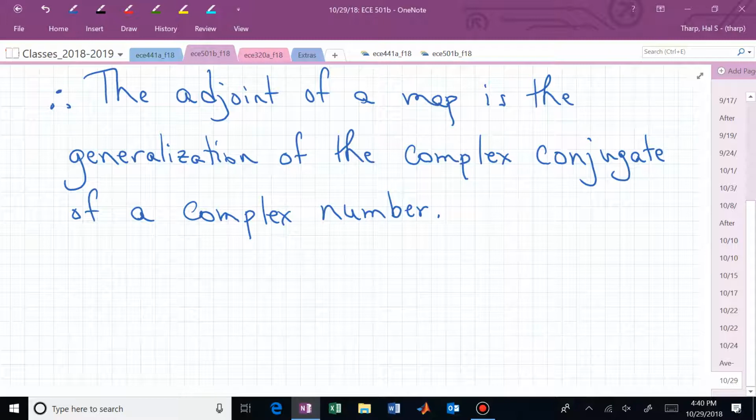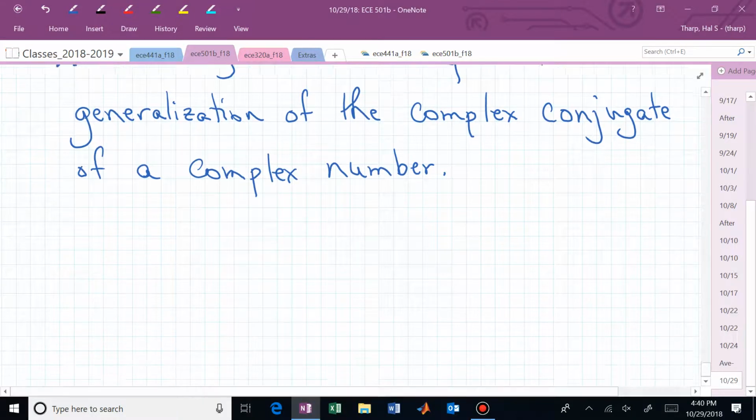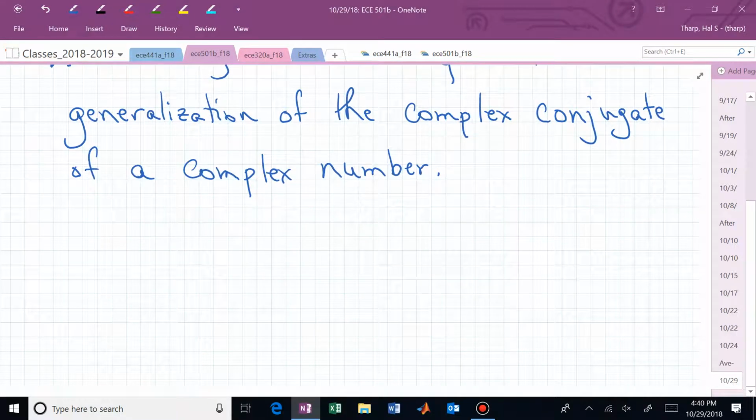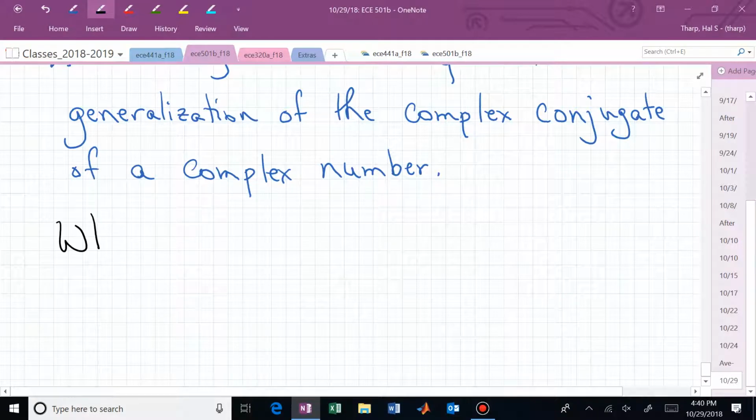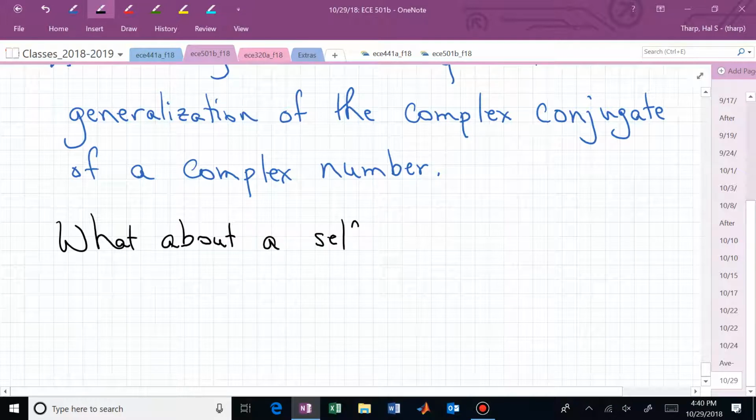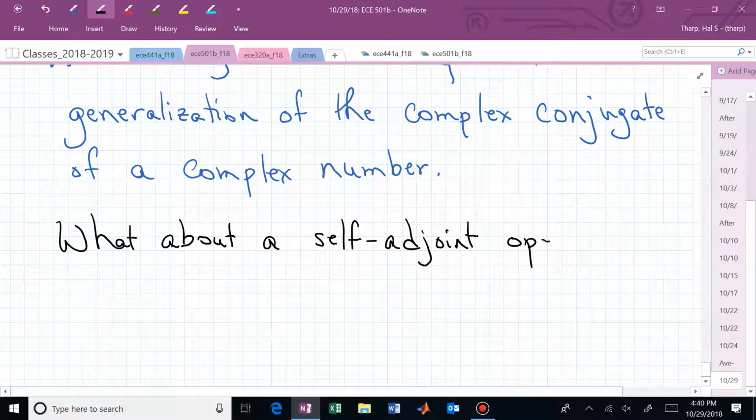Staying with this same example, what if I now forced this linear operator to be self-adjoint? What about a self-adjoint operator.